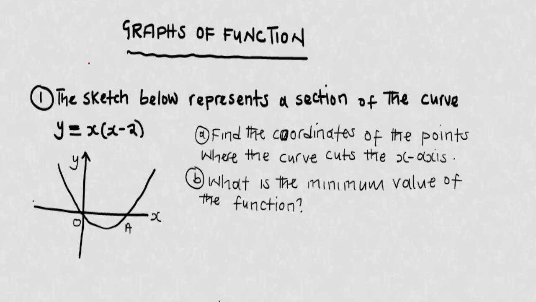The question reads, the sketch below represents a section of the curve y = x(x - 2). So this is the curve that we have. We have the origin there, and the point A. Now let's see what they're asking us to find.